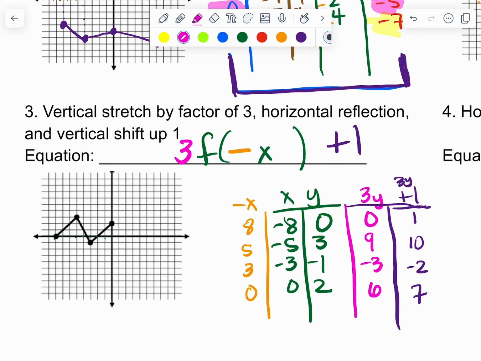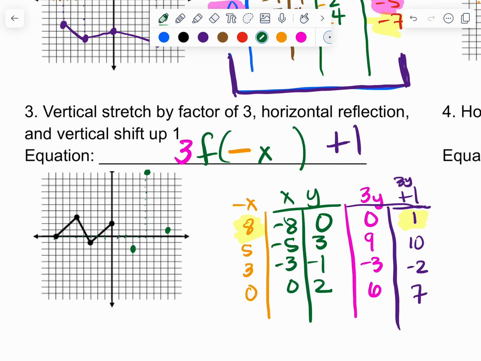Okay, so now, you can't even see that. Pick a different color. 8, 1. That's where I'm starting off. 1, 2, 3, 4, 5, 6, 7, 8, 1. And then 5, 10. So 1, 2, 3, 4, 5. 2, 3, 4, 5, 6, 7, 8, 9, 10. 3, -2. 1, 2, 3, -2.